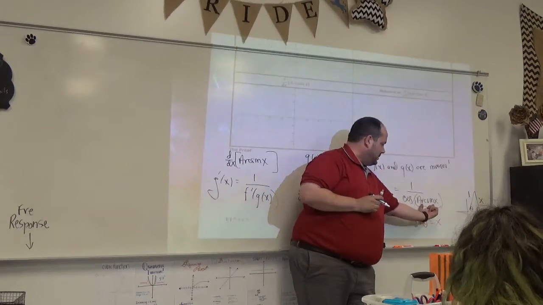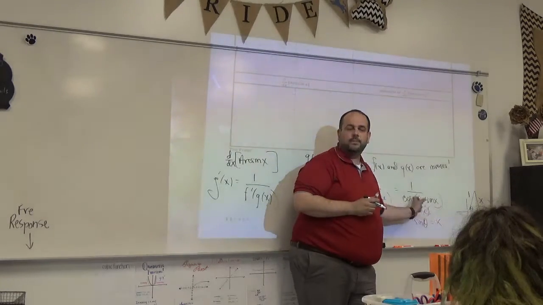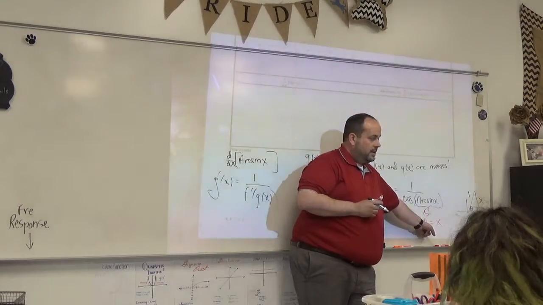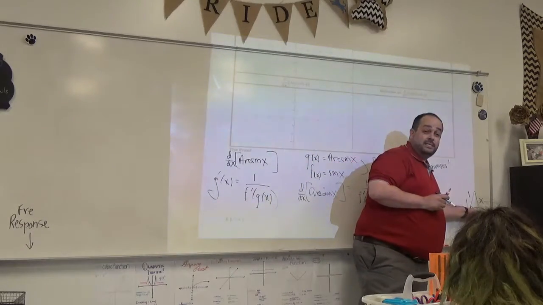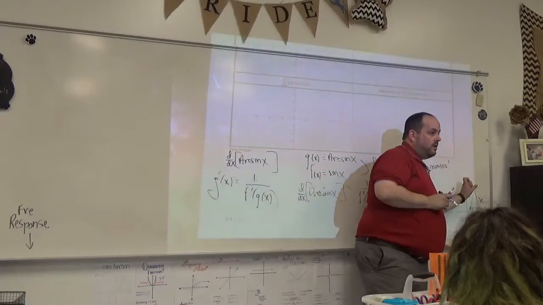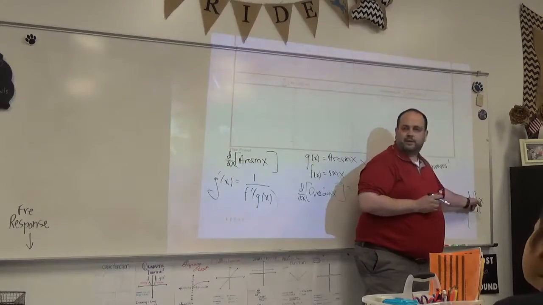What I need, though, is not the angle, but the cosine of the angle. Where does cosine of an angle come from? The cosine is adjacent over the hypotenuse. You know that the opposite is x. You know the hypotenuse is 1.